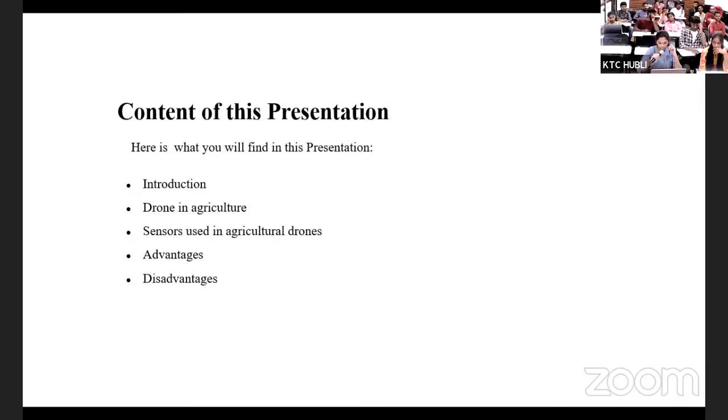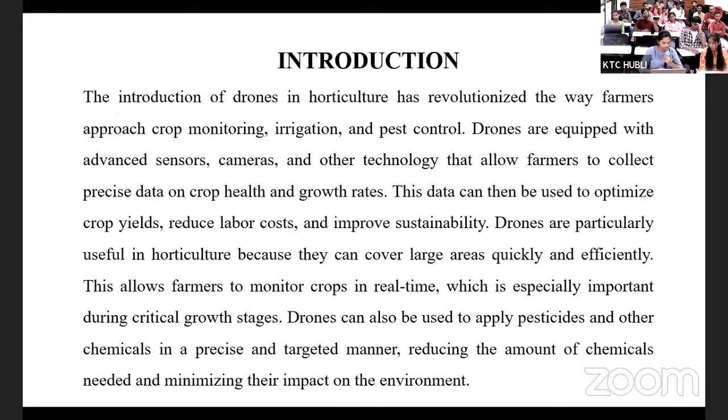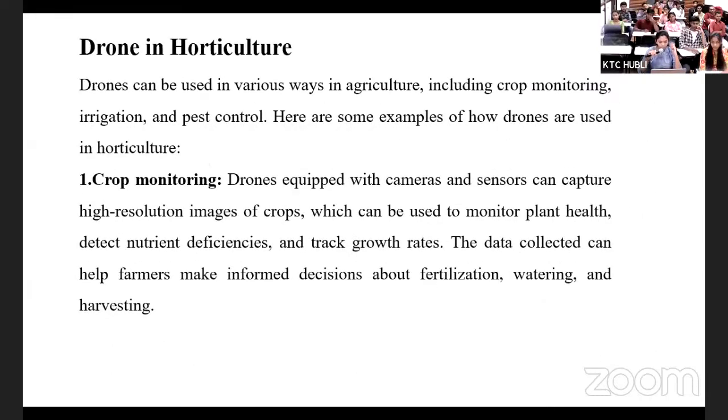Drones can also be used to apply pesticides and other chemicals in a precise and targeted manner. So, drones in horticulture. Drones can be used in various ways in agriculture, including crop monitoring, irrigation, and pest control. Here are some examples.